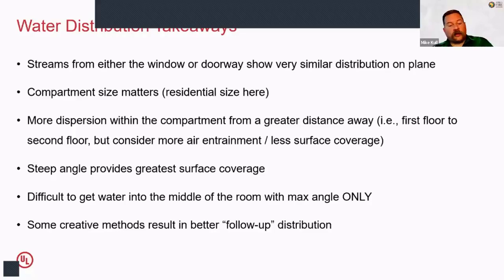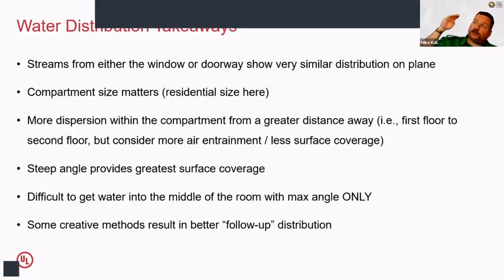The greater distance you are away, the more dispersion, right? So if you're aiming that hose line into that second floor, you're going to lose some of the momentum of the water the farther it has to go before it strikes that surface.